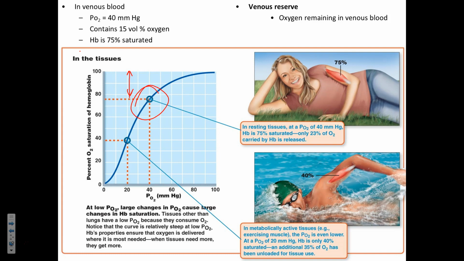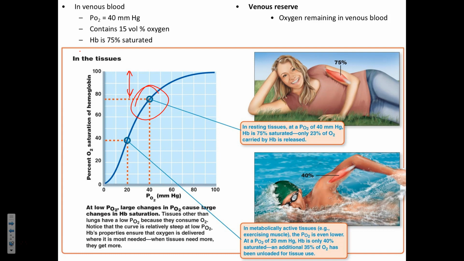When we start to perform a vigorous exercise, what happens to oxygen concentration in tissue? It goes down. Why? When we work out, what do we work out with? Which tissue?